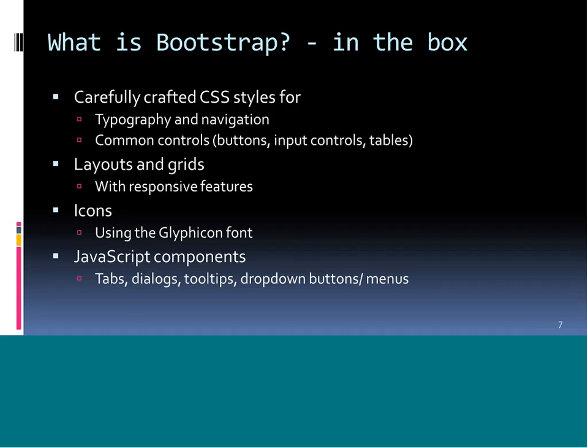And you can use that layout and grid system to easily set up a Bootstrap layout for your application and use grids, so you can easily split your page into a left column, a center column, and a right column, for example. And these layouts and grids come out of the box with responsive features.